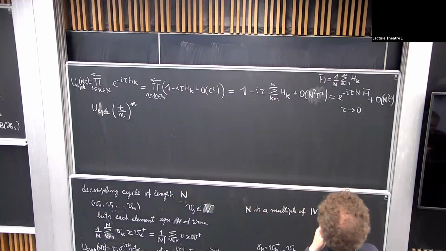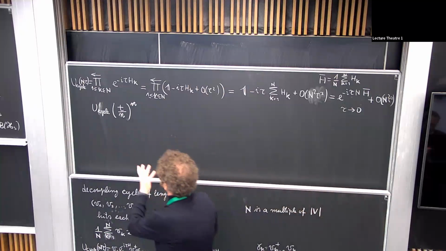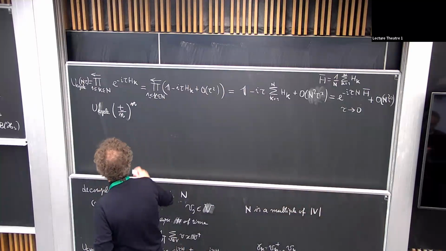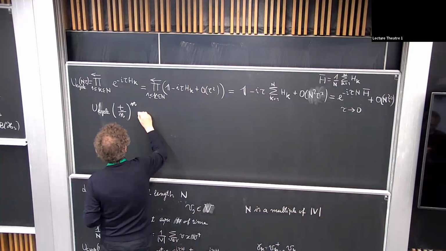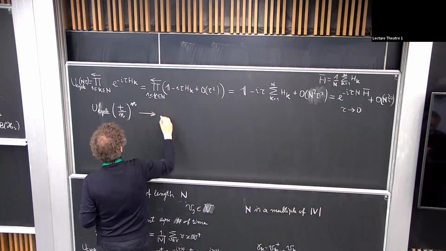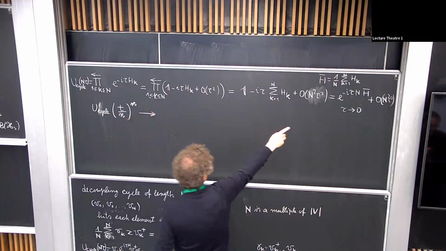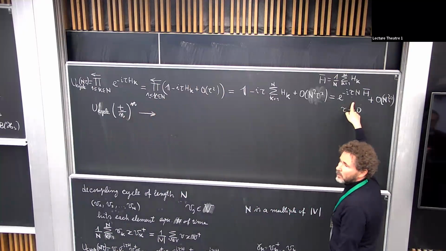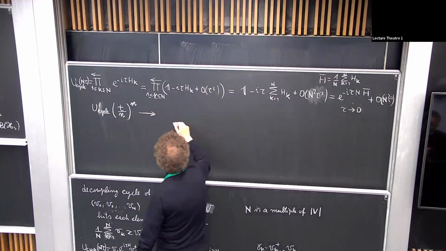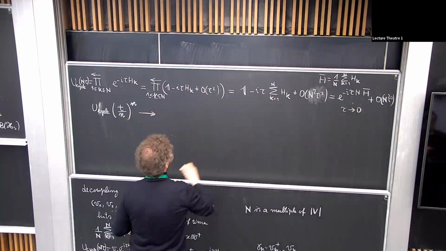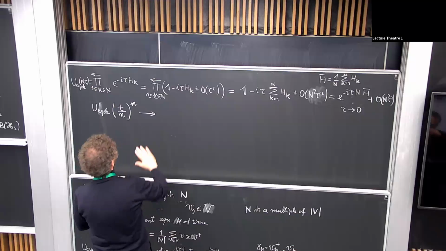Now what one can prove, and this is just the Trotter product formula, is that the limit of this when n goes to infinity is essentially this one. You can prove it from there.